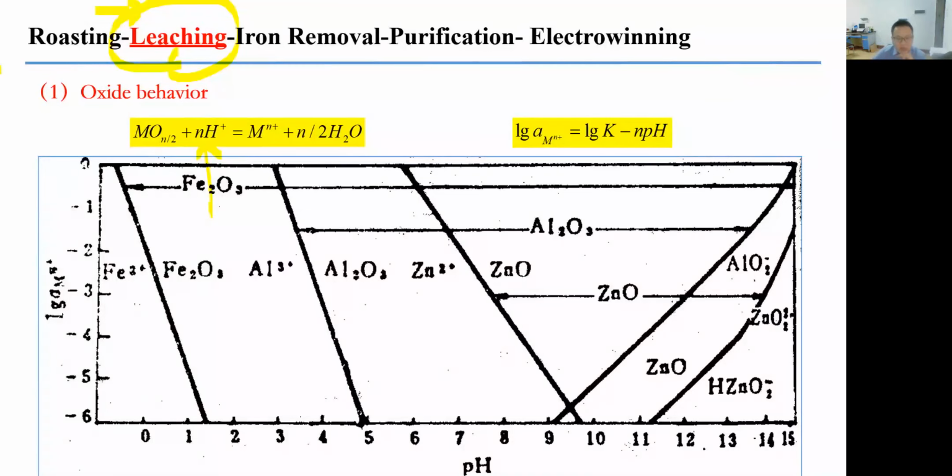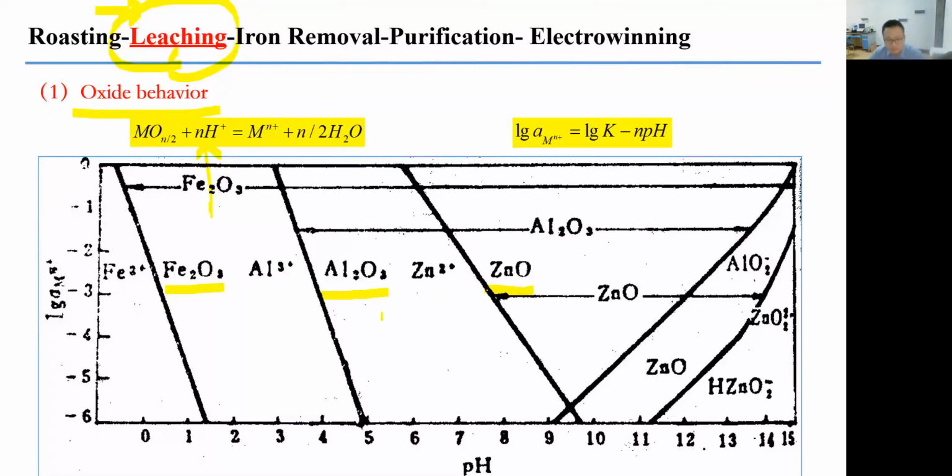And some parts will dissolve into the solution phase, especially the oxides. So when we look at the leaching behavior of oxides, we find that we have ferric oxide and aluminum oxide as gangue components, and zinc oxide, because this is the main product of the cation.